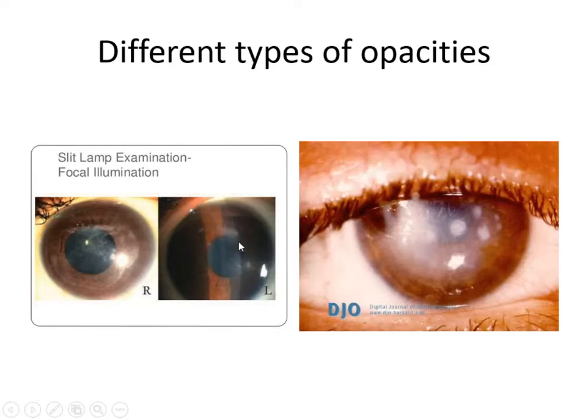Here the cornea is clear, but here you are seeing the opacity. Even though the opacity is there, you are able to see the color of the iris, the pattern of the iris through the opacity. So nebula is that opacity of the cornea which is very faint, through which you can see the color of the iris and the details of the iris, crypts and depressions in the iris, clearly visible through a nebulous opacity.